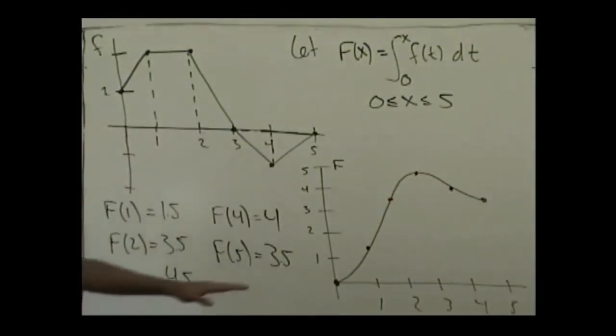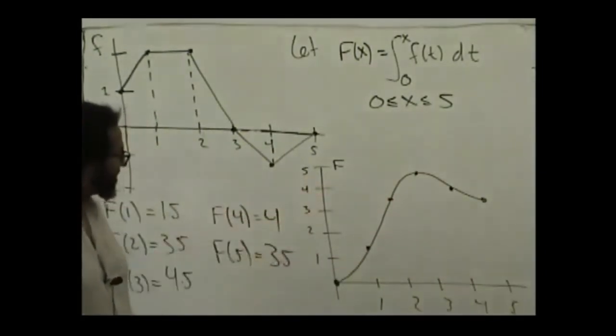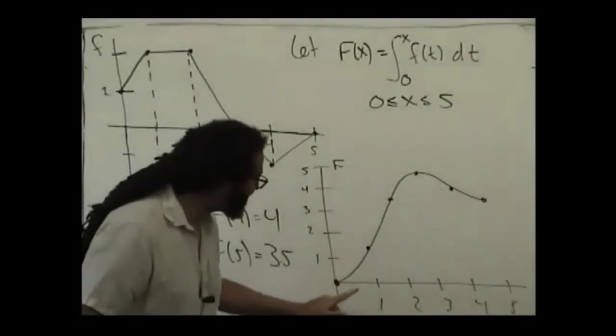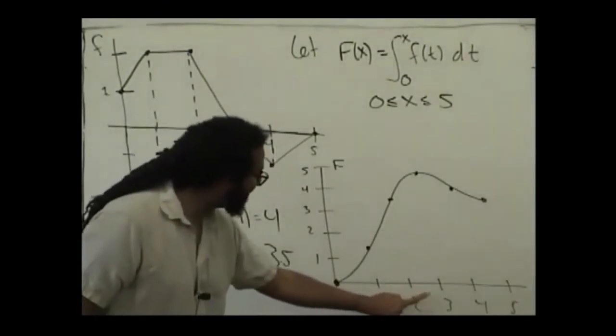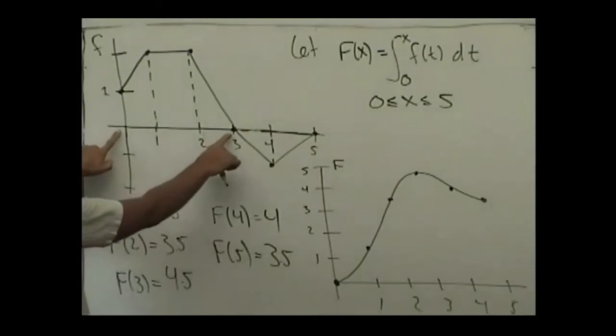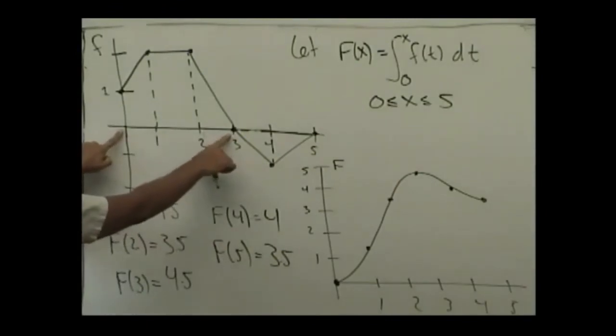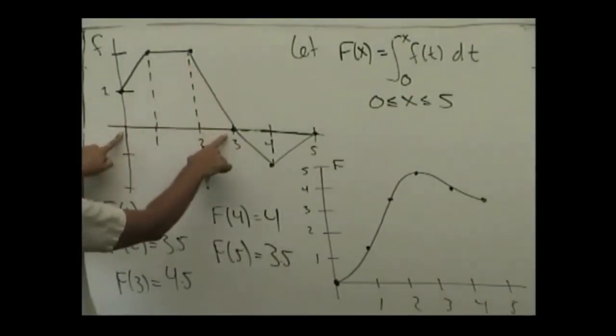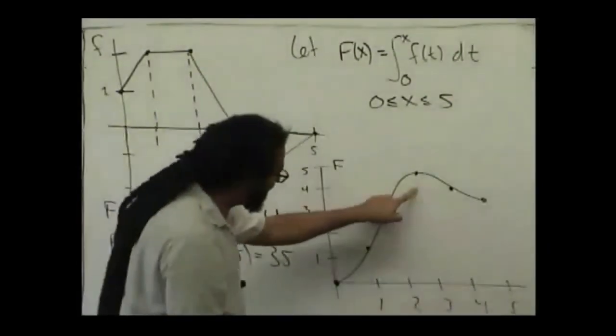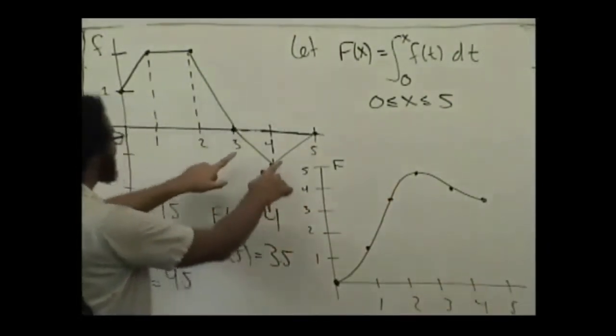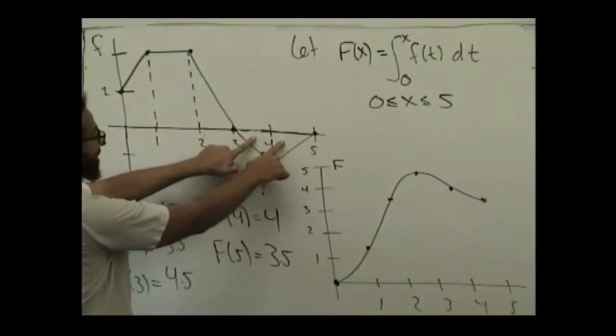And now, what do we notice about capital F? Well, it looks like capital F is increasing from 0 to 3. That's exactly where lowercase f is positive, from 0 to 3. And then it's decreasing from 3 to 5. That's exactly where lowercase f is negative.